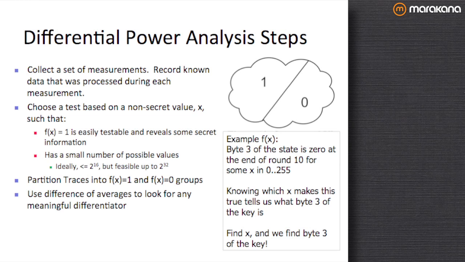So the way this works is you have like an encryption engine. You put in some text to be encrypted or decrypted, and you store that off in your server. And then you measure the power that was used along with that encrypted data. You read that from your data collection device, which could be a digitizing oscilloscope or something similar, and store that on the server and correlate the two.